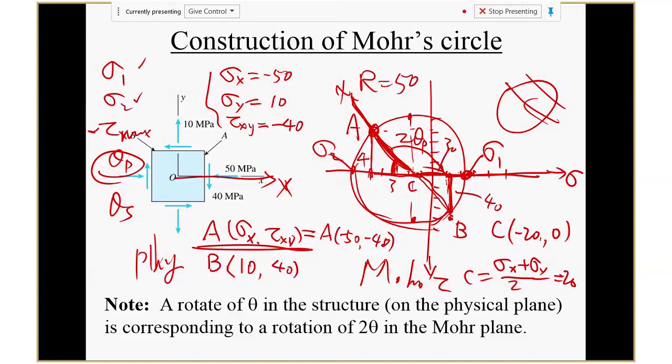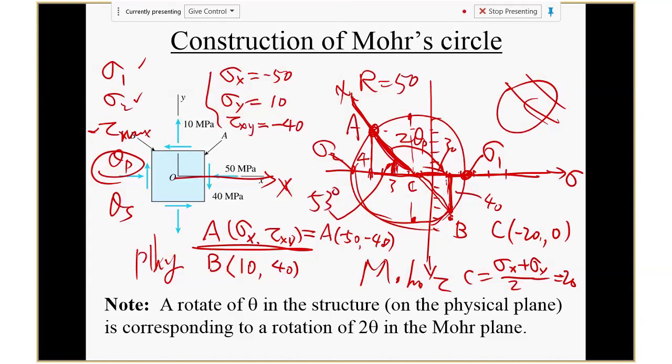The tangent is 4 divided by 3, 1.333. That's the tangent value. 53. Okay, so this angle here is 53 degrees.